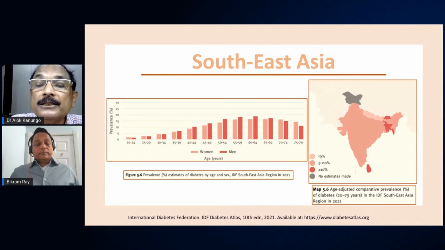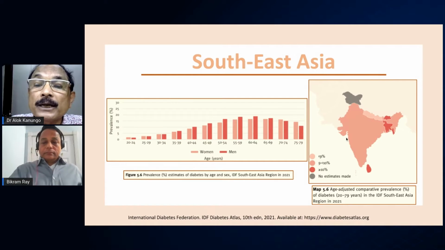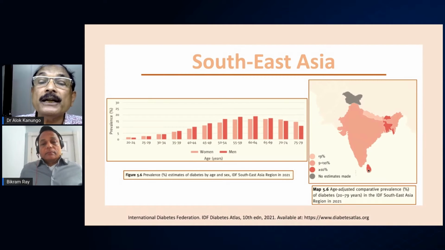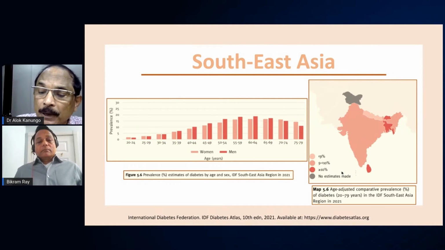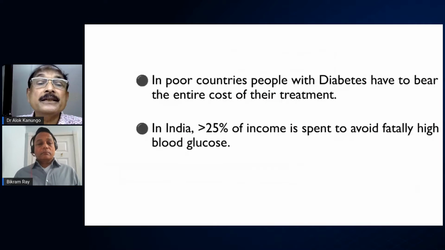In India, 9 to 10% of the population is affected, whereas in Bangladesh and some other countries, Ceylon, it is more than 10%. So in every part of the world, this is increasing.